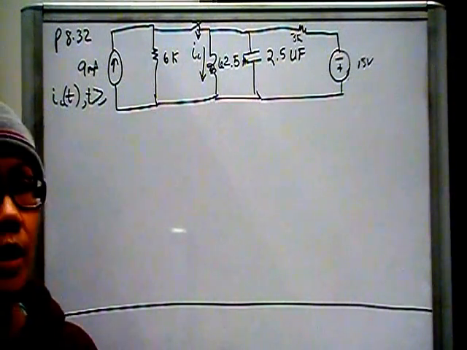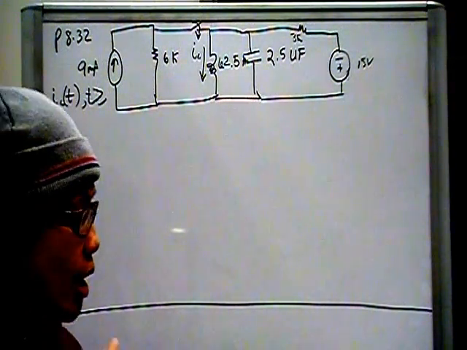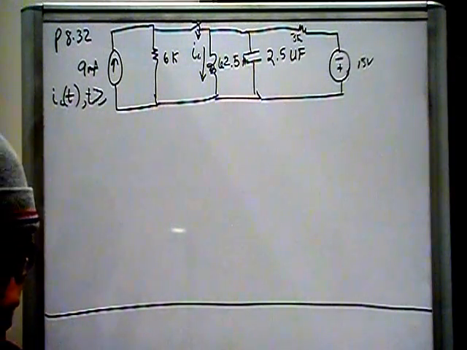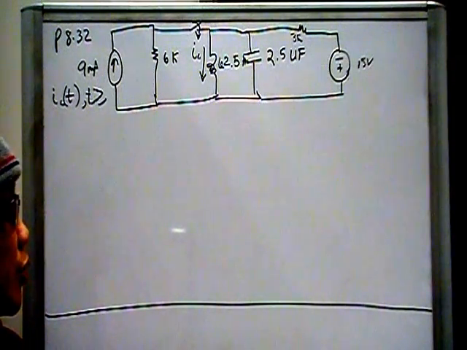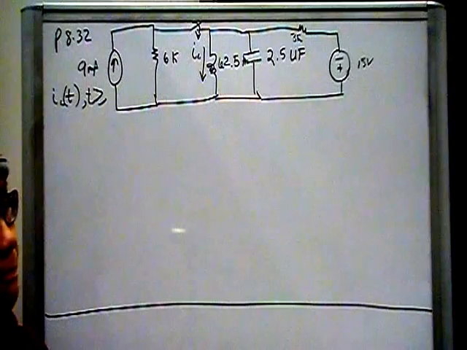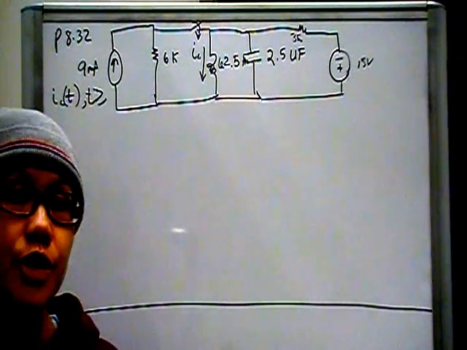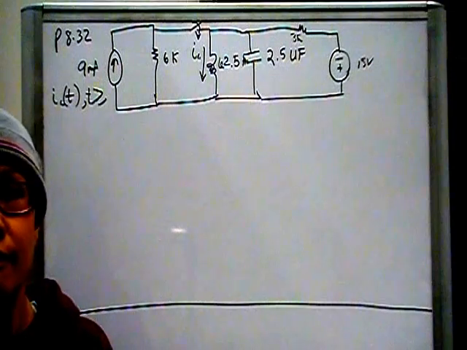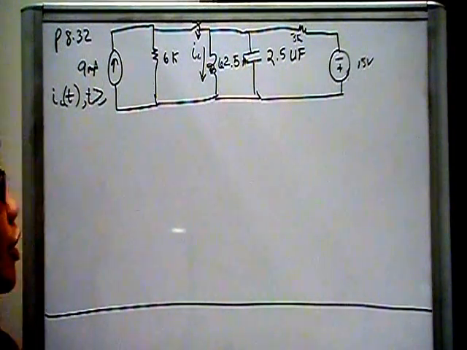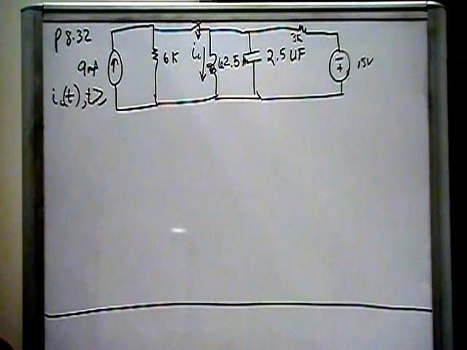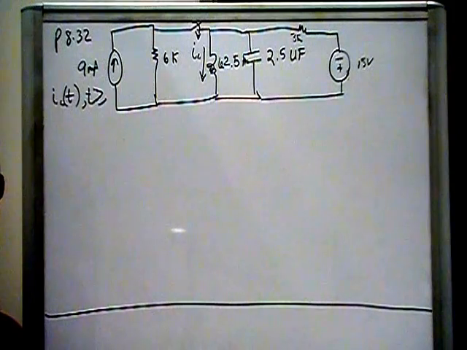Once you determine the type of damping and the set of equations, you will then solve for the coefficients. And once you know the coefficients, then you have the final answer, which is the general equation for the inductor current. So let's get started.